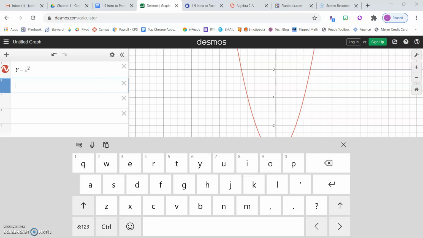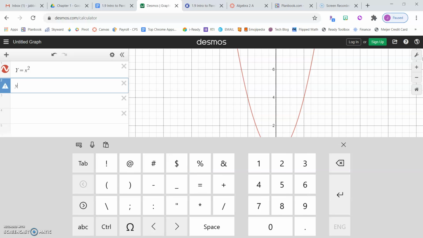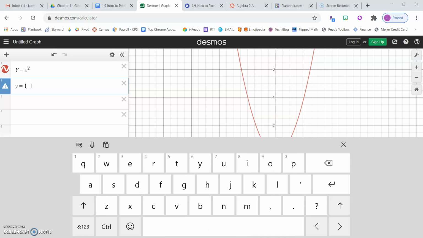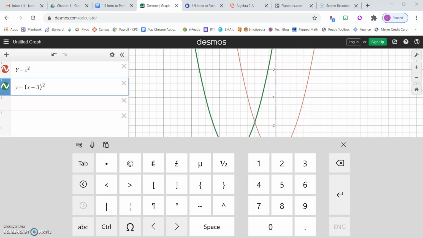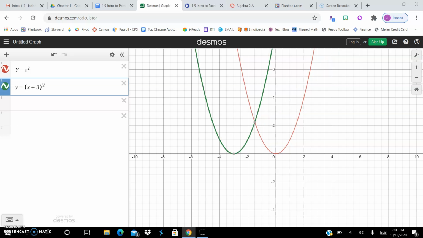And then I'm going to enter the given function of y equals x plus 3 to the second power. So looking at our origin here, 0, 0, this point on our parent function, it looks like we have slid over 3 to the left.